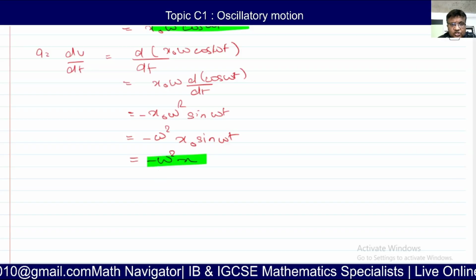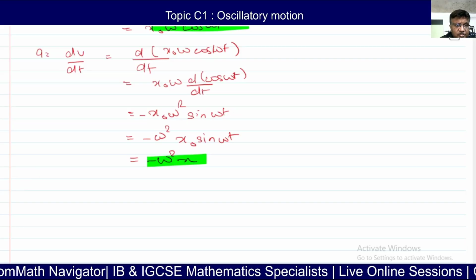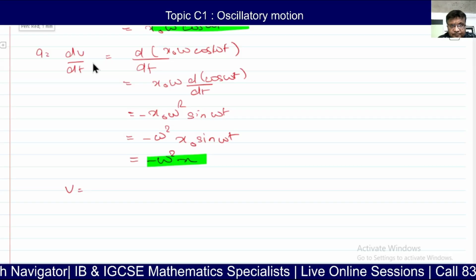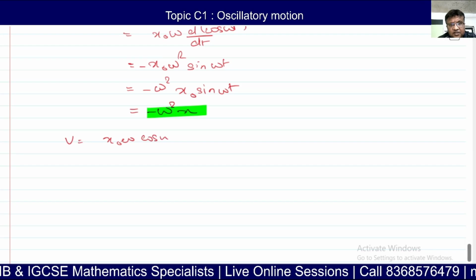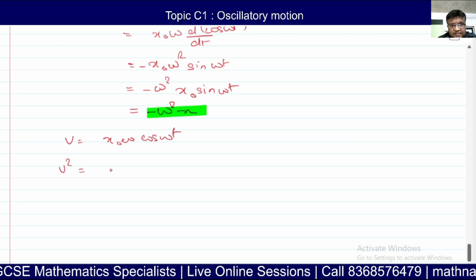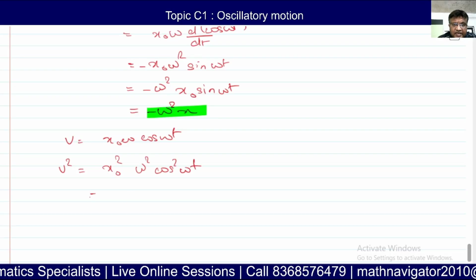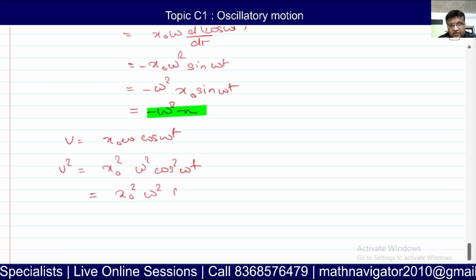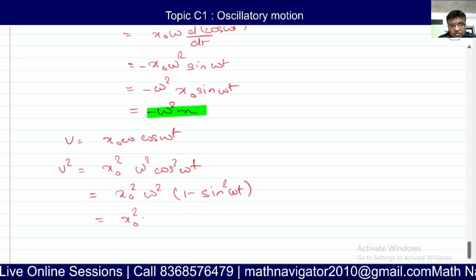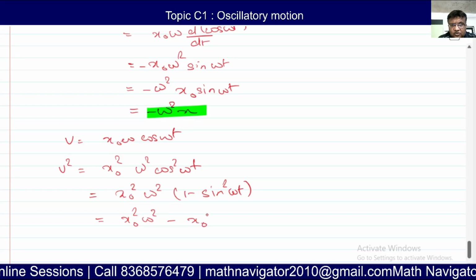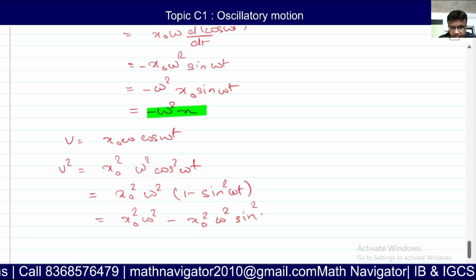From here we reach to velocity in terms of x. What is my velocity here? My velocity is x naught omega cos omega t. Squaring both the sides, in place of cos squared omega t, I can write 1 minus sine squared omega t. I can write x naught squared omega squared minus x naught squared omega squared sine squared omega t.